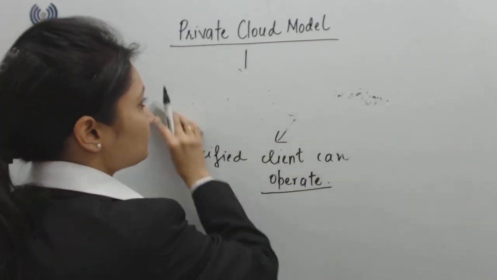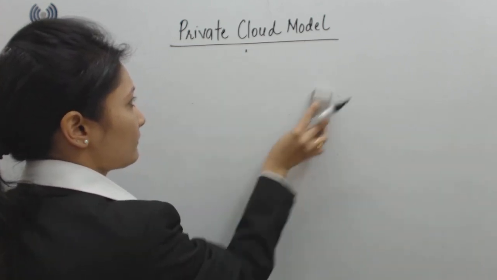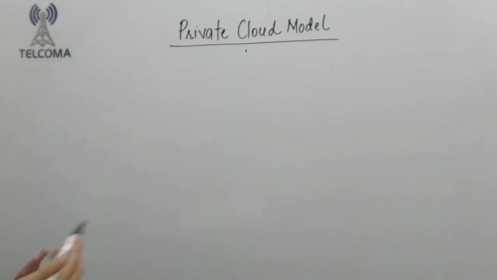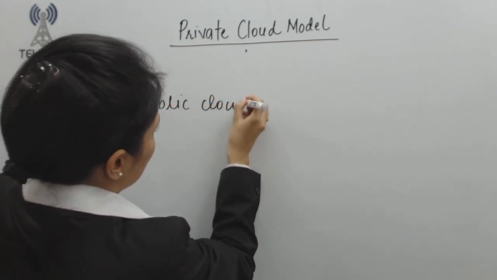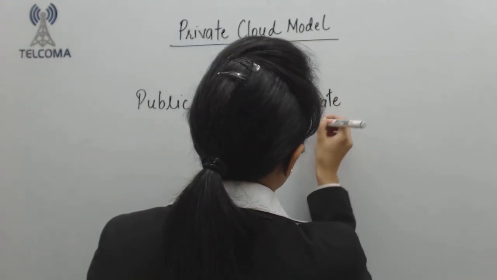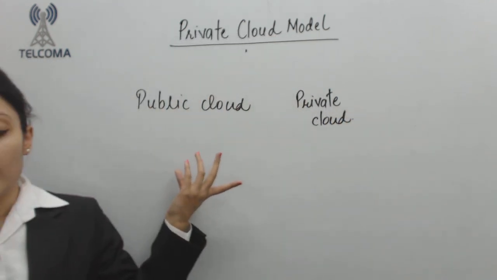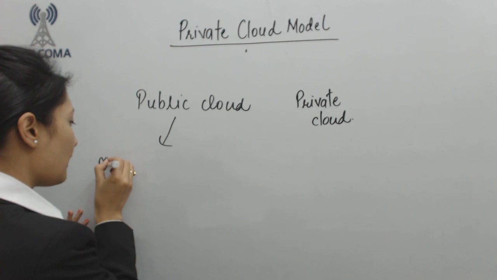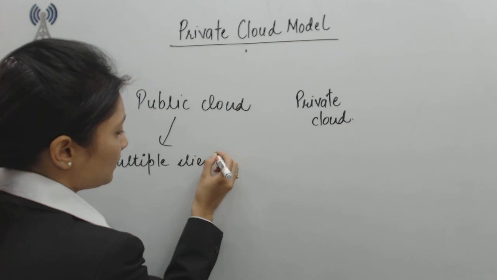If we have the public cloud and the private cloud here, what happens in the public cloud is that it has multiple clients accessing the virtualized services.